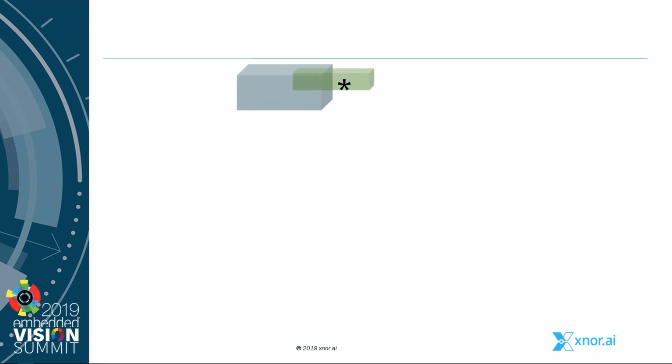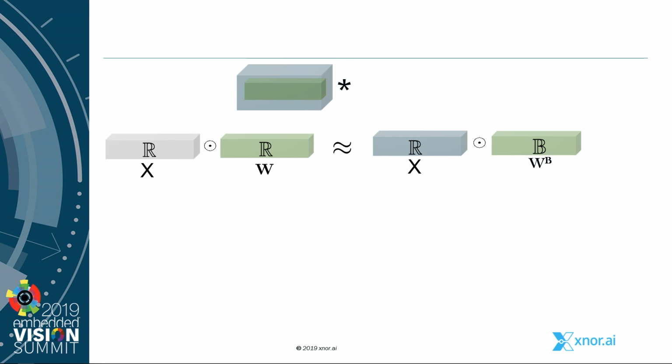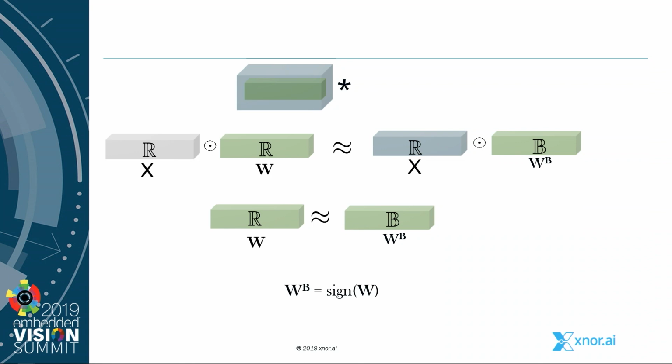The convolutional operation is simply taking the filter and then taking the element-wise product with all the spatial locations inside the input tensor. This means that if we look at one chunk of this element-wise product, we have a product between two real-value tensors, which we want to approximate with a product of a real value and a binary tensor. In fact, we want to approximate a real-value tensor with a binary tensor. That has a very simple solution: we can simply take the sign of the values inside that tensor.